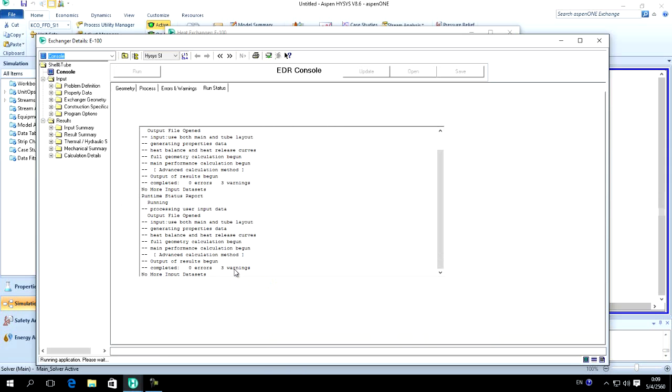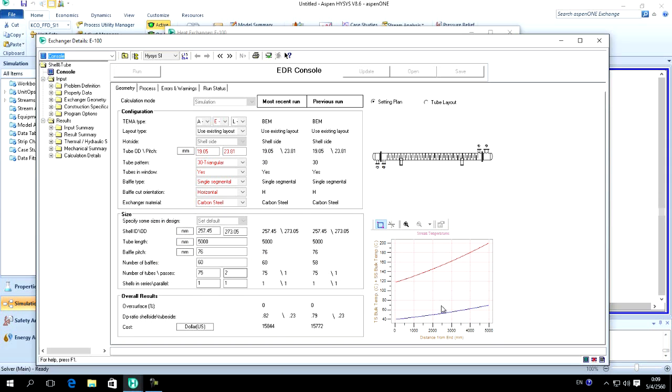So let's see, they have the 3 warning system, and I would like to have 2 pass, so I go there and then make the pass detail. That's what I like.